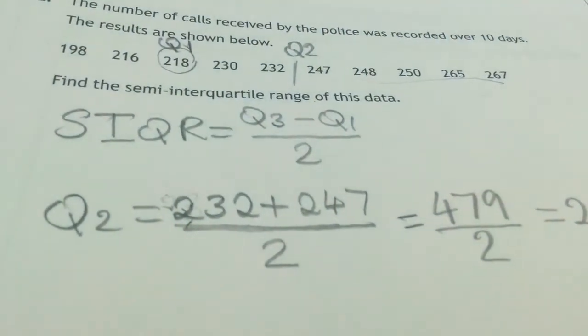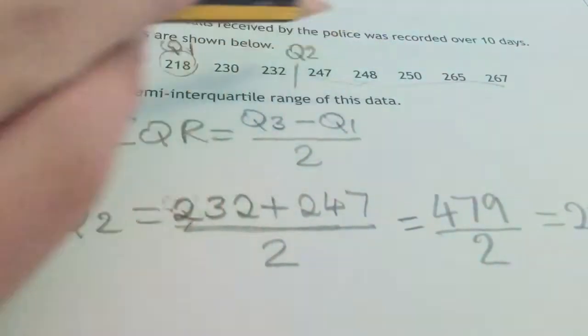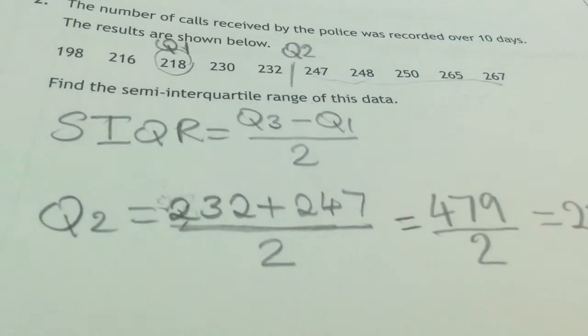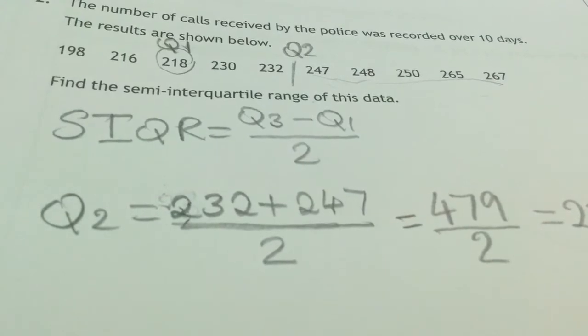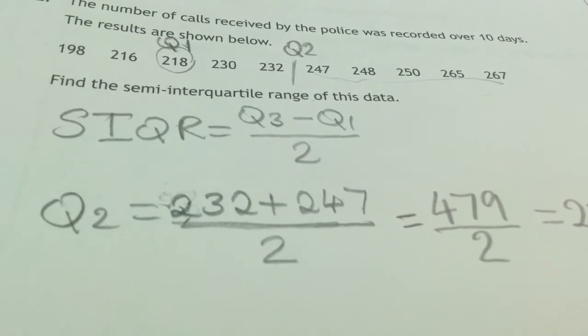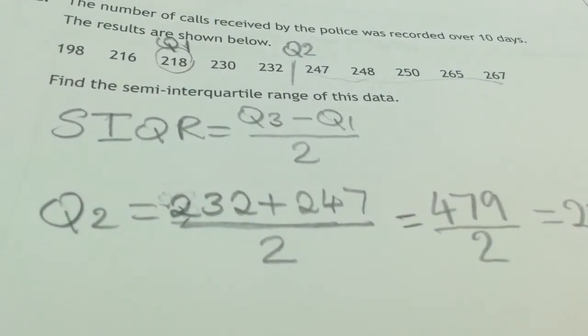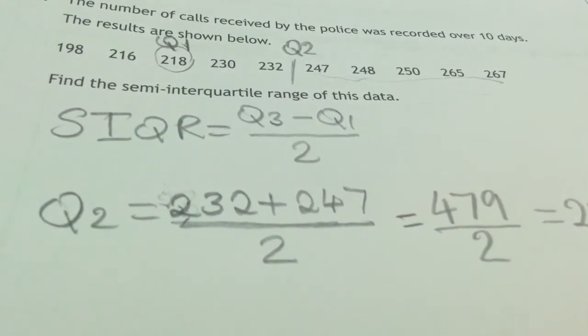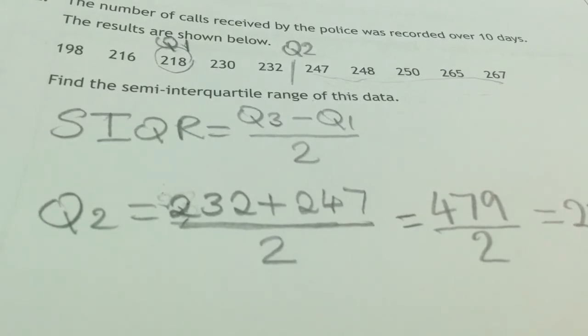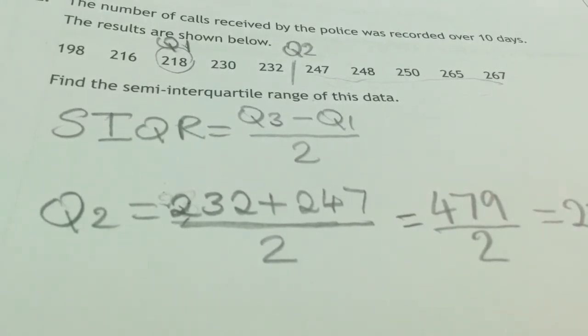Along this upper set, we have 5 values, so we need to look for the one in the middle of those. We disregard the lower ones. The values are 247, 248, 250, 265 and 267.